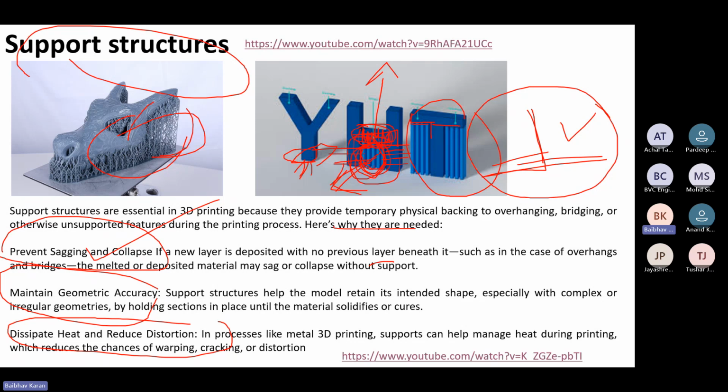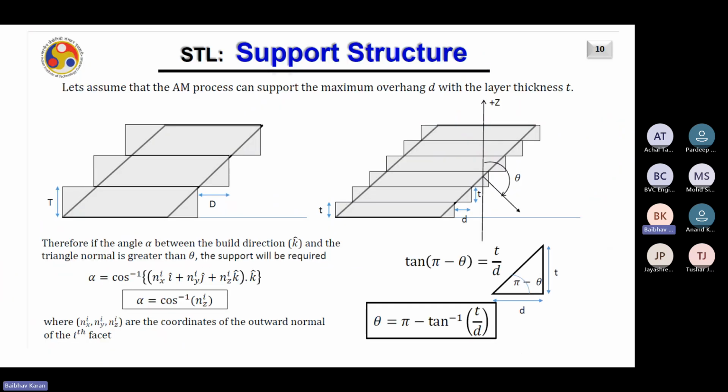You could not avoid it. That's why we require the support structures, as the 3 points I have mentioned here. These are the answers to why the support structures are necessary.